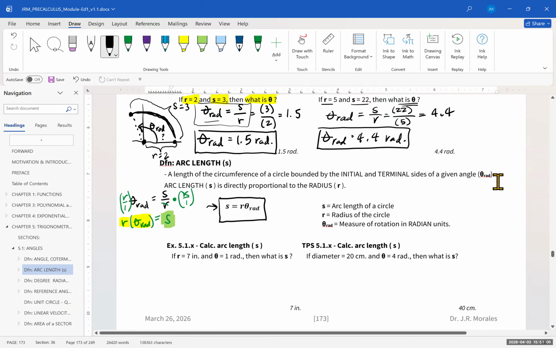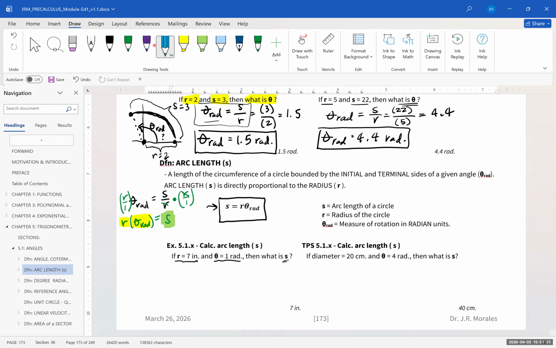So let's look at this example and this think pair share. It says if the radius is 7 inches and the rotational measure is 1 radian, then what is the arc length? If we draw a picture, we have a radius of 7. That's this distance.